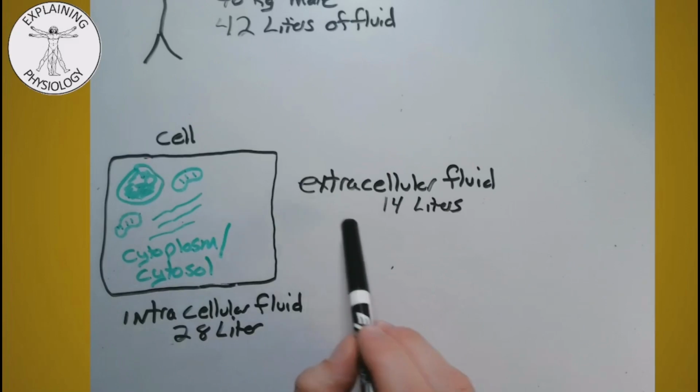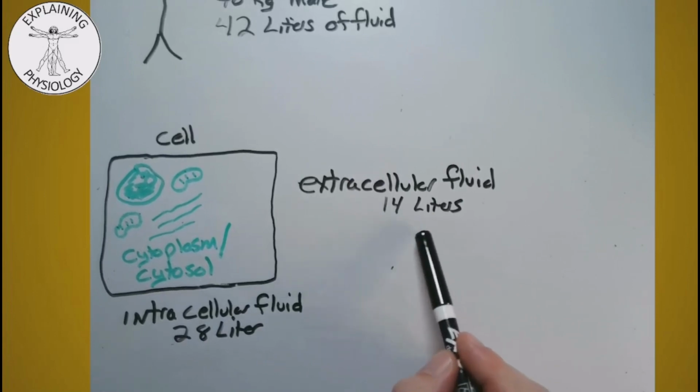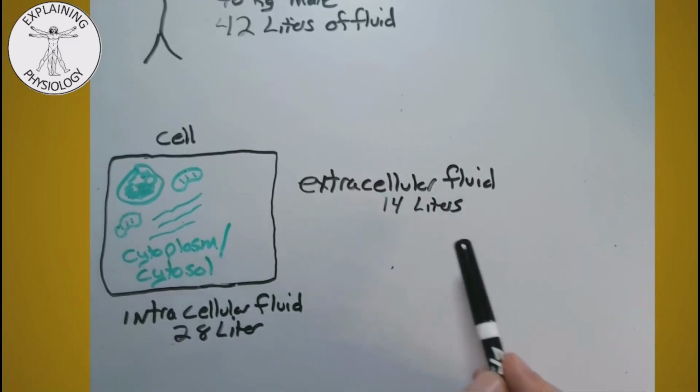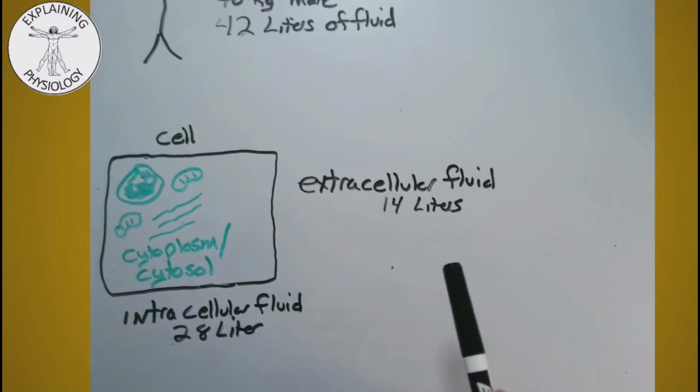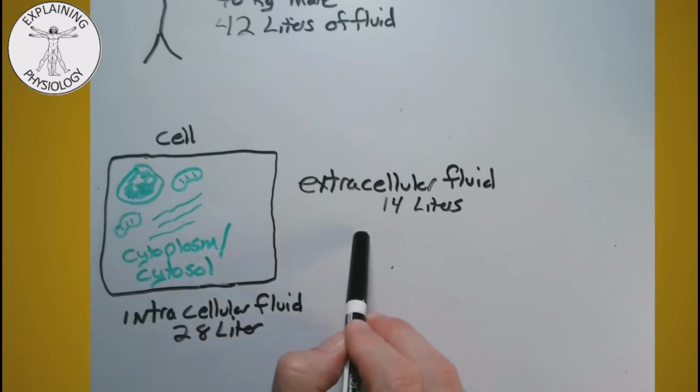Now, if we focus in on this extracellular fluid, we're going to see that there are different compartments or regions within the body where we're going to take this 14 liters of fluid and distribute it. Now, the first thing, and this is potentially a little bit confusing, is that we're looking at inside of the cell versus outside of the cell.